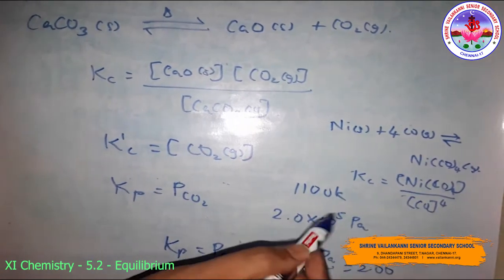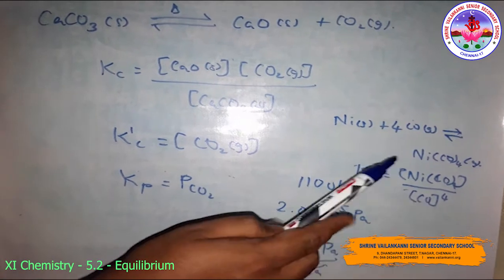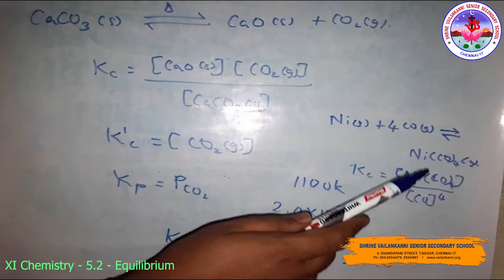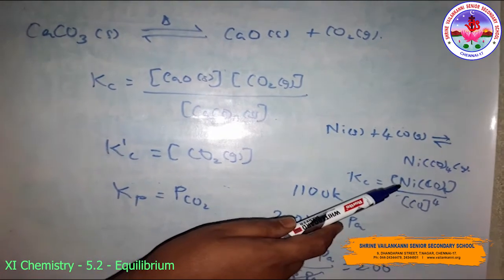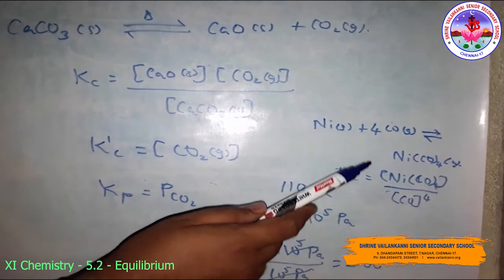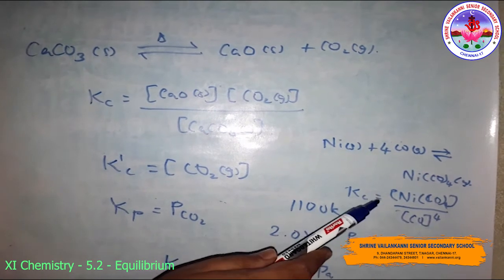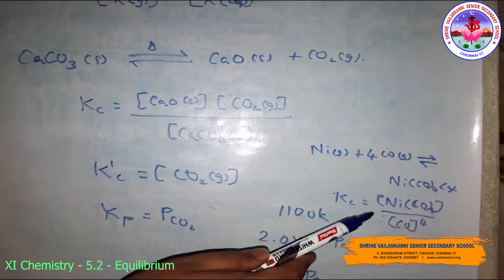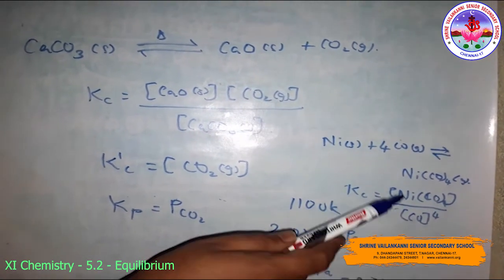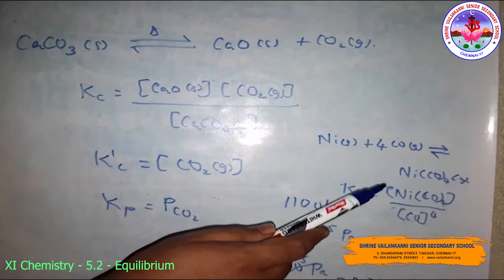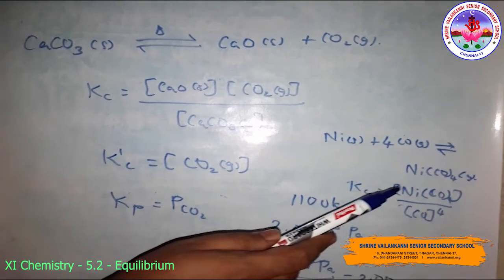Okay students, it must be remembered that for the existence of heterogeneous equilibrium, pure solids or liquids must also be present at equilibrium, but their concentrations or partial pressures do not appear in the expression of the equilibrium constant of the reaction.